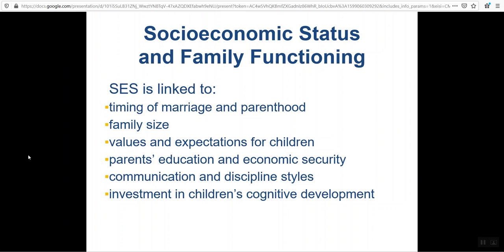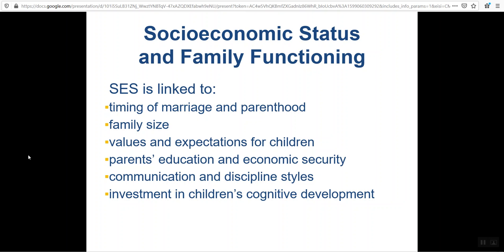Socioeconomic status is linked with, again, if you remember from the research lecture, these are correlations. So these are things that go together, but we cannot say necessarily that one causes the other.